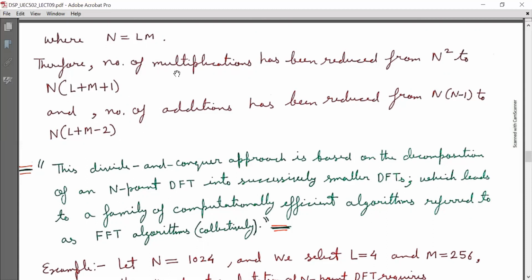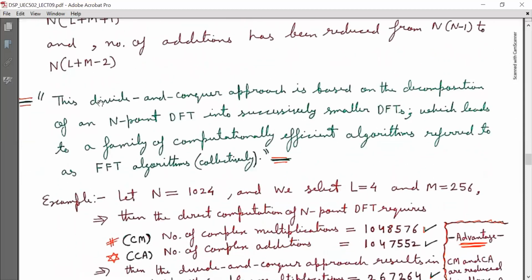These are complex multiplications, these are complex additions. This divide and conquer approach is based on the decomposition of an N-point DFT into successively smaller DFTs, which leads to a family of computationally efficient algorithms referred to as FFT algorithms collectively.